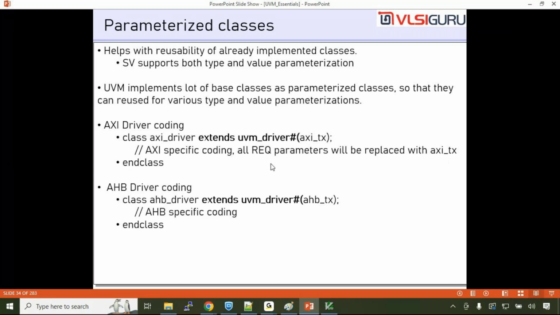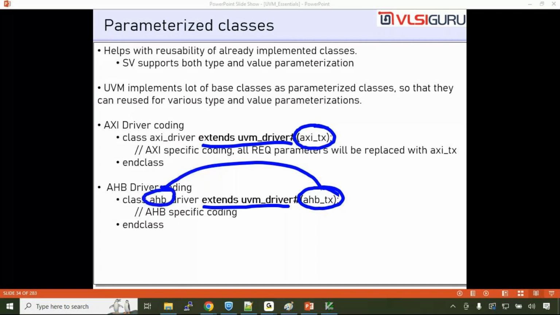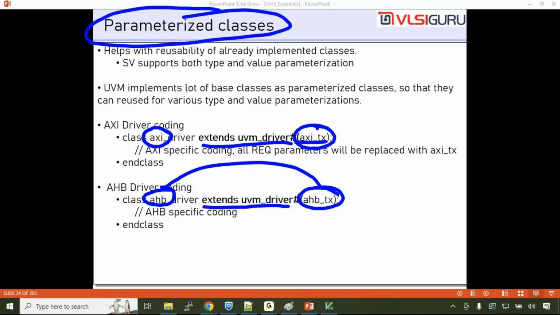If I want to develop AHB driver coding, it is common. The only thing differing is what? Then this will behave like an AHB driver. Since you are passing AXI, it will behave like an AXI driver. Which is the base class we are using in both cases? UVM driver. How are you creating a different behavior? By passing two different parameters. That is the advantage of a parameterized class.